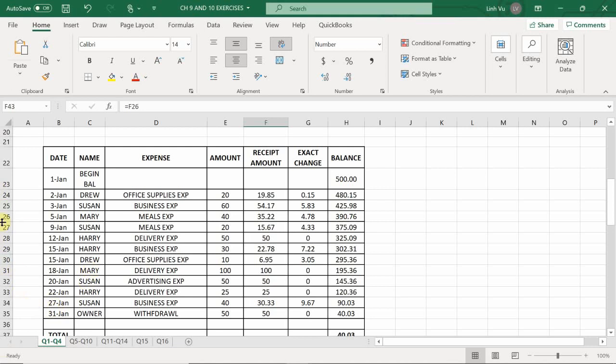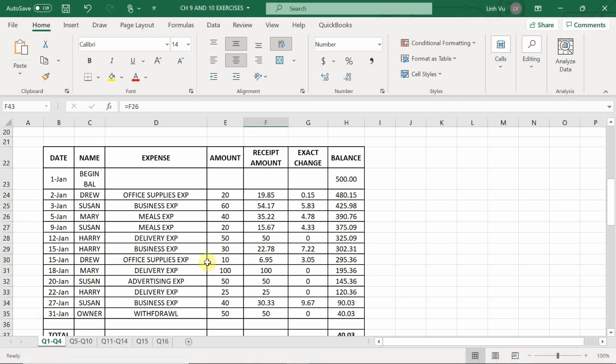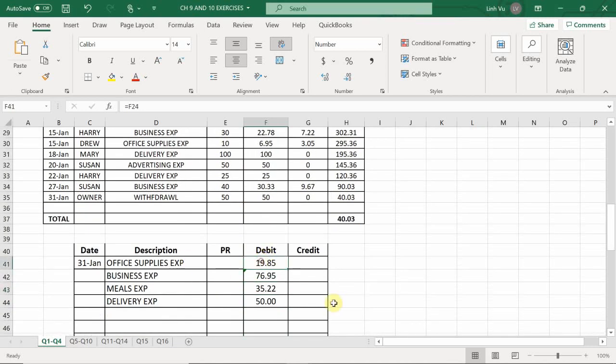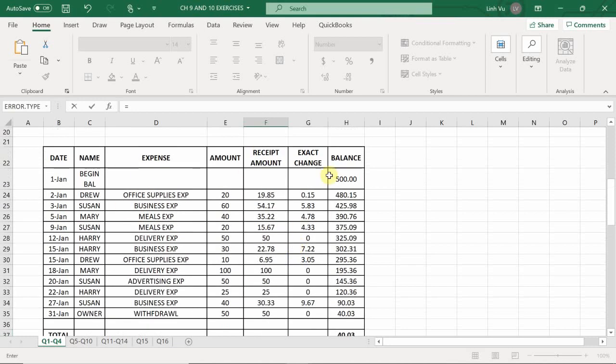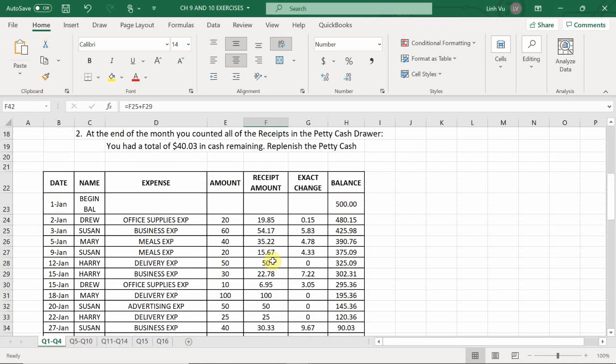Then on the same day, 15th of June, Drew borrowed another $10 to buy more office supplies expense for $6.95. So we already have an office supplies expense account for $19.85. So we're going to take the $19.85 and we're going to add that $6.99 to get a grand total of $26.80.